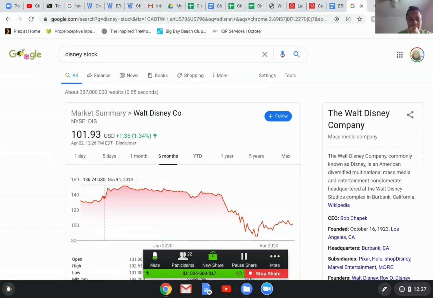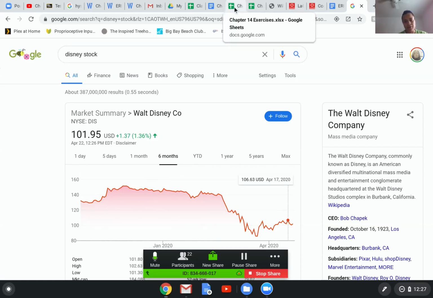Over the course of 6 months, it was as high as 132, but I think at its peak, like 145. Right now, it's down to 101. So the higher the risk, the higher the return people are expecting, because if I'm putting my money in here, I could stand to lose quite a bit, and so I expect my return to be higher.